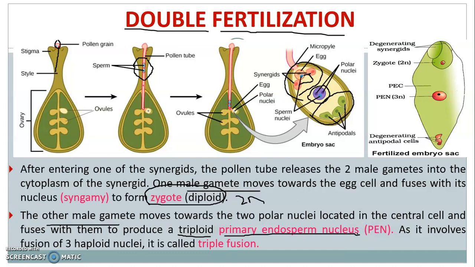So, in short, what I have explained till now: two male gametes are present in the pollen tube. One male gamete fuses with the egg cell and forms a diploid zygote. At the same time, the other male gamete fuses with the central cell and forms a triploid primary endosperm nucleus. This second fusion is the triple fusion, and the first fusion, the male gamete with the egg, is known as syngamy.